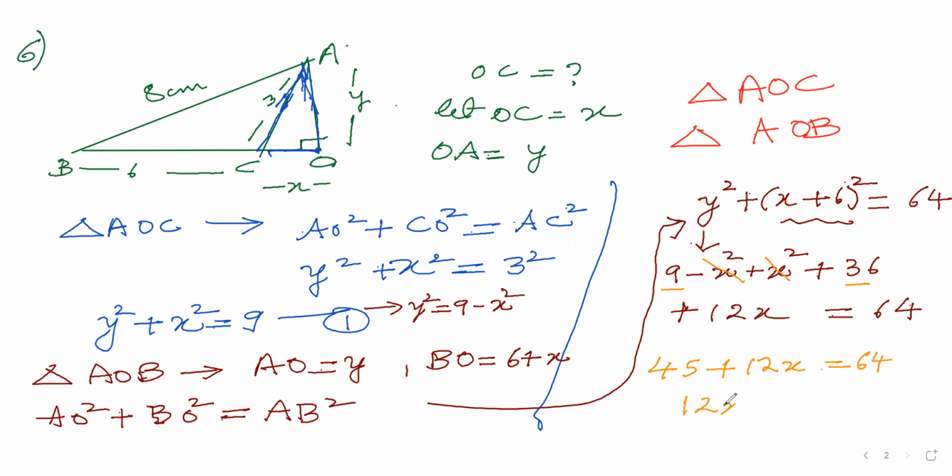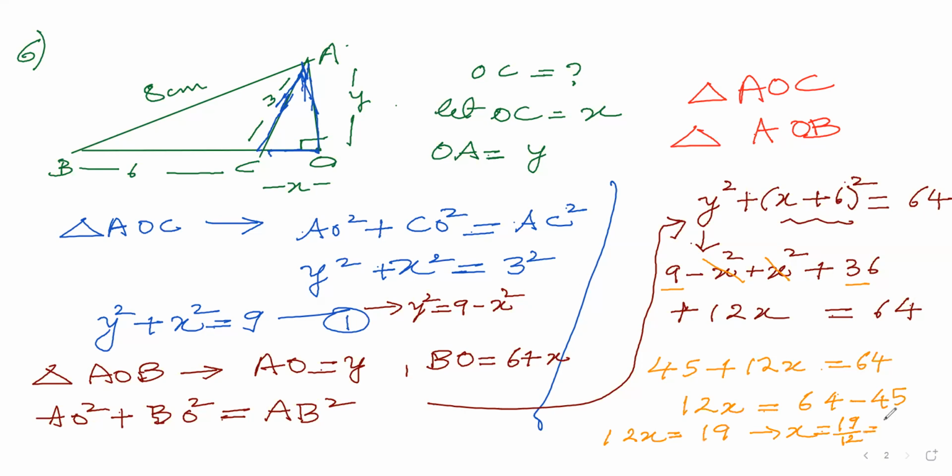So you see it looked like a quadratic equation, but now it is reduced to a linear one. 64 minus 45. What's 64 minus 45? That will be 19, isn't it? So 12X is equal to 19. Of course, you need to take care of the units also. It's centimeters. Implies X is 19 over 12. And what's 19 over 12?